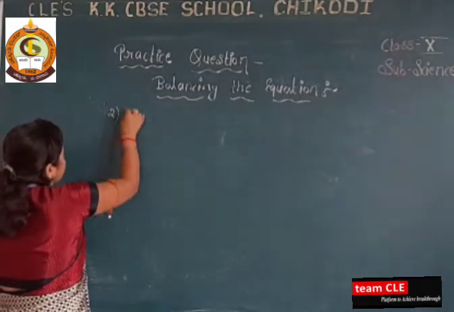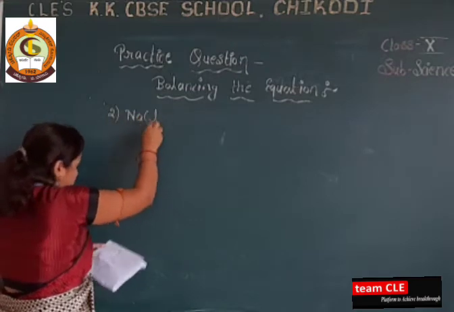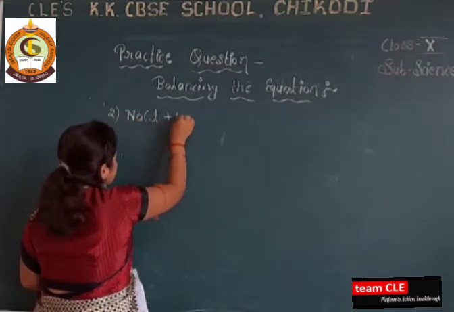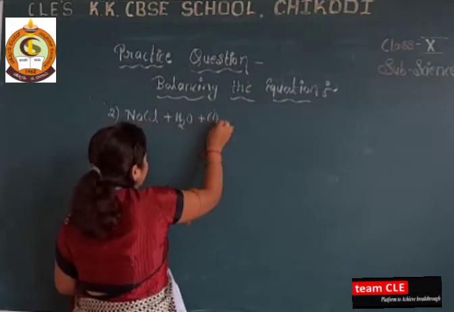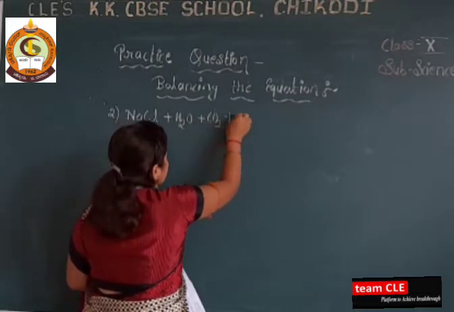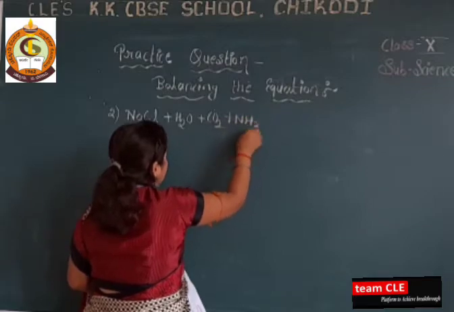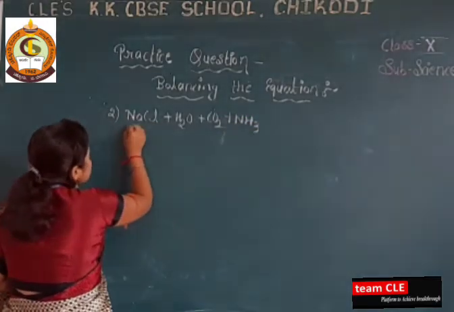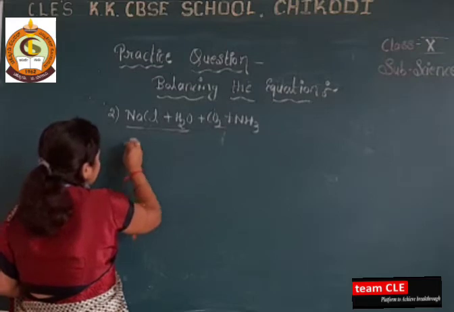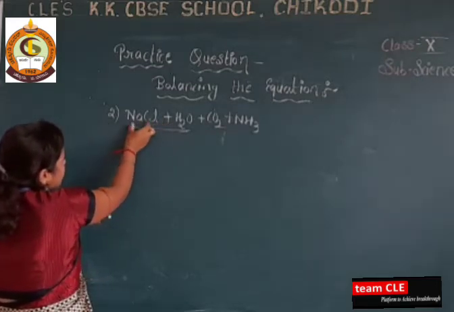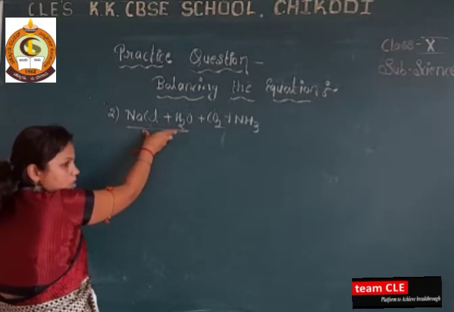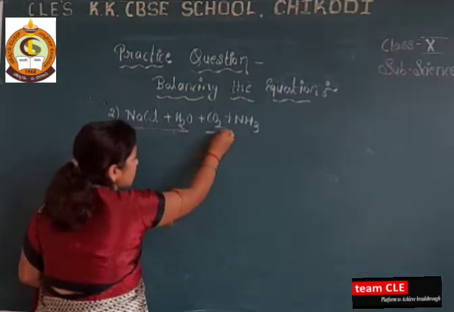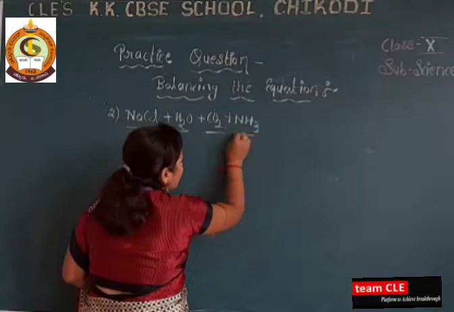Here: NaCl plus H2O plus CO2 plus NH3. Dear students, this is the brine equation. This is one of the solutions, NaCl, the salt, and the water, with carbon dioxide plus ammonia.